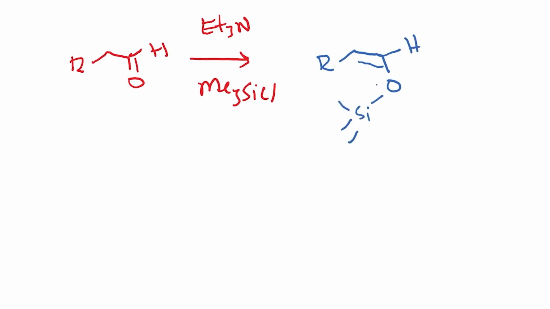This carbon oxygen bond is always going to be present at the other side also, I'm just drawing it out in this method. And silyl enol ethers, as you know, are very stable, they can be isolated, and so on.